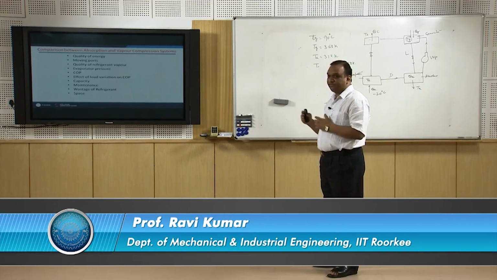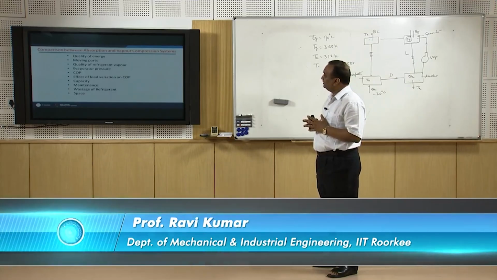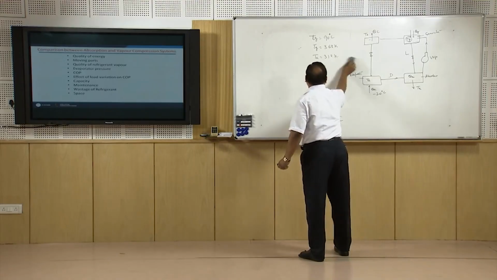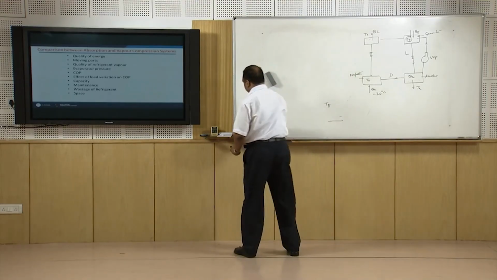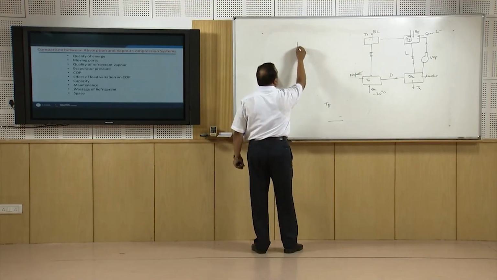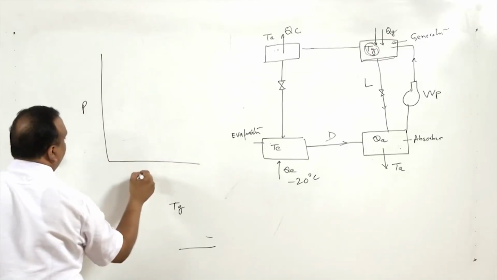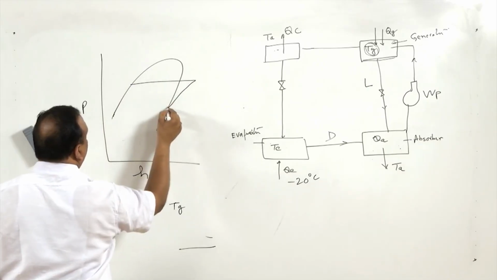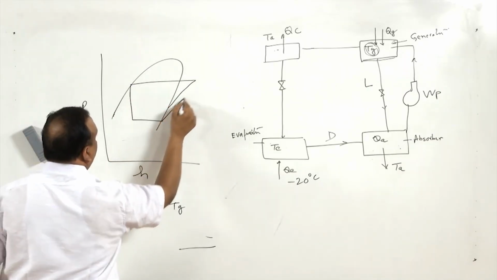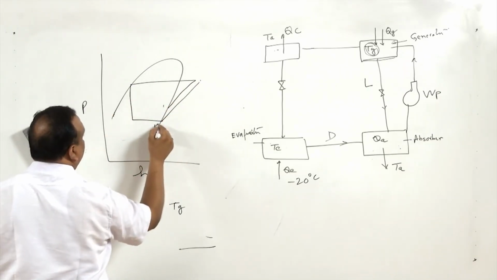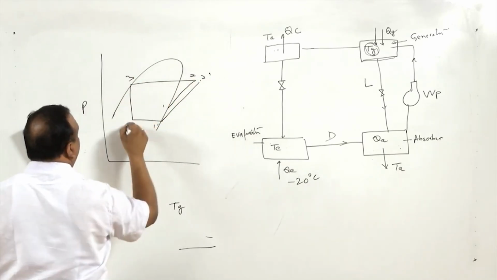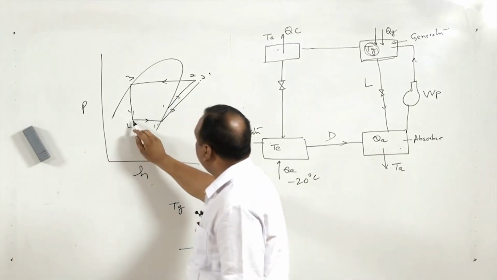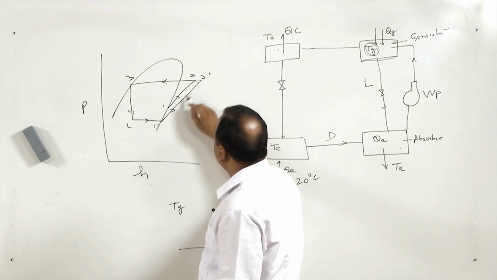Evaporator pressure: in vapor compression system, if the evaporator pressure goes down, the performance of the cycle is drastically affected, because refrigeration effect will reduce and energy consumption will increase.